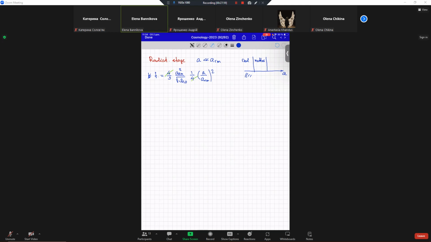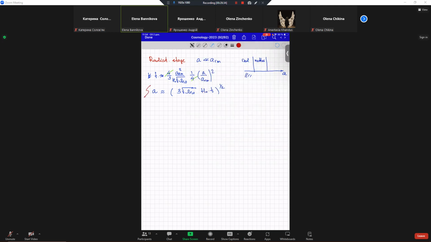We can immediately see that we need to put here approximately equal, because we consider the series approximately. So 3 square root omega R0, I forgot here H0. Okay, H0 multiplied by T, 1 divided by 2.